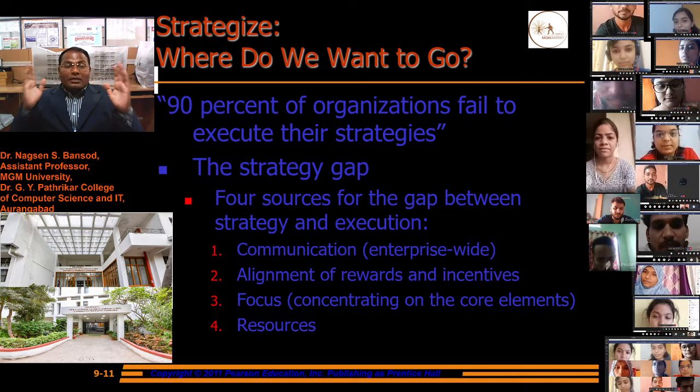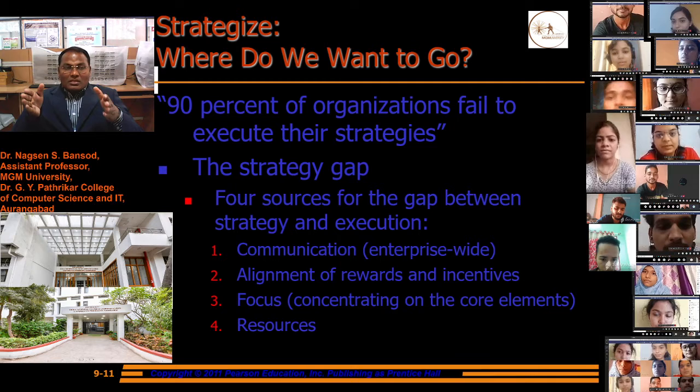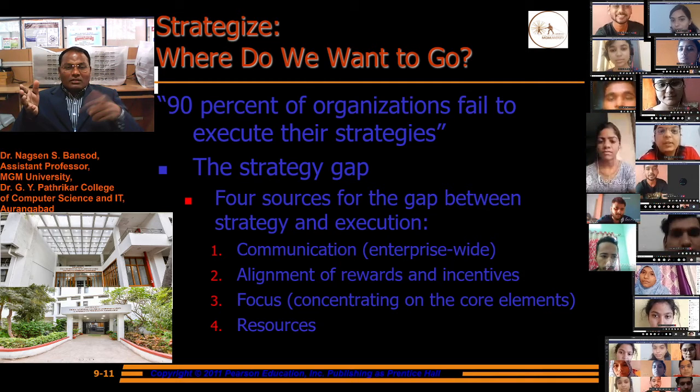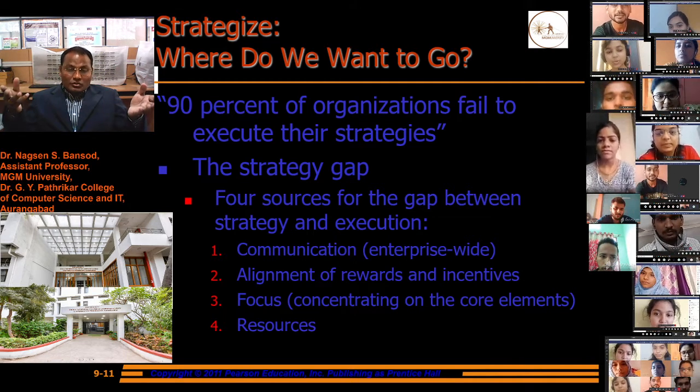This should not get into the business. These are the gaps in strategy execution.